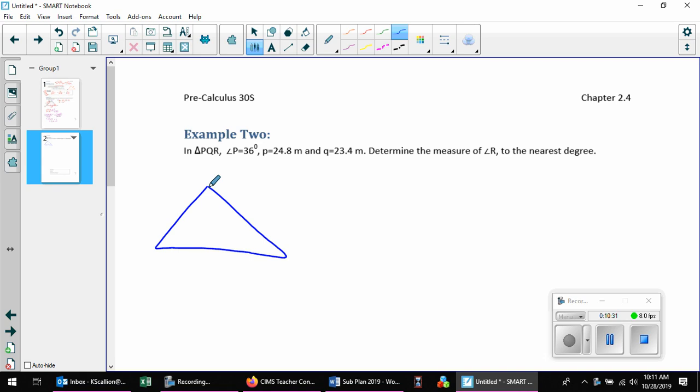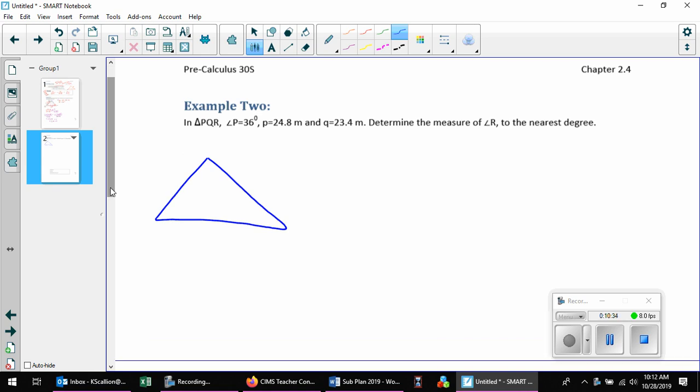So I'm going to put P down here, and that's 36, and side p is 24.8, and then I'm going to put Q down here, so side q is 23.4. Your triangle just may not come out to scale, and as long as you are perfectly okay with that. I know some people are not okay with that, and they'll redraw the triangle.